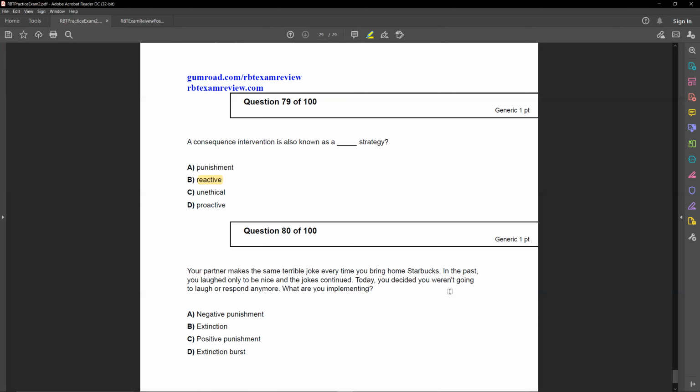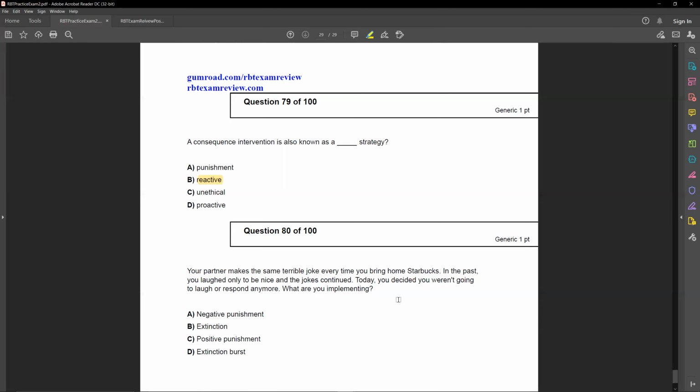Well, if you don't laugh, you can't take away the laugh if the laugh isn't there. For negative punishment, you have to be able to take something away. So that would be like if they brought home Starbucks, they made a joke, and you took their Starbucks away as a form of punishment. That's negative punishment. In this scenario, we're not taking anything away.